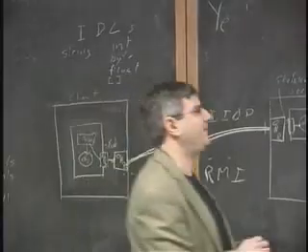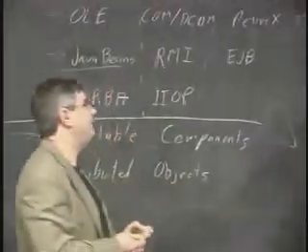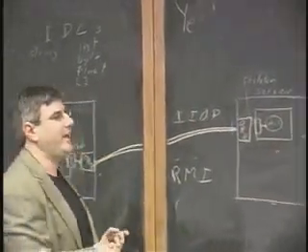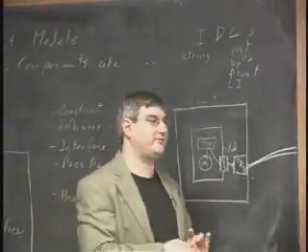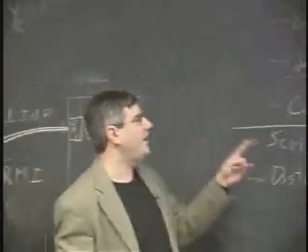Well, I think the main thing that Enterprise Java Beans want to add, and this is getting a little ahead of ourselves, is transactions. They want to add this technology called component transaction monitors, which is the big jump between Java Beans and EJB.